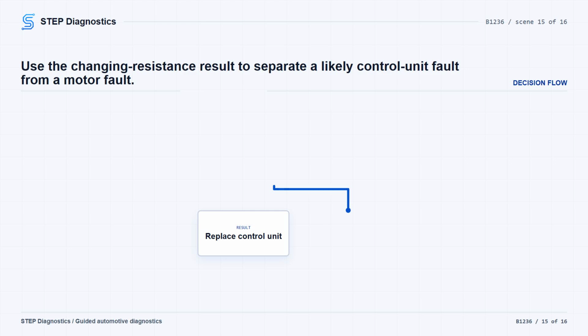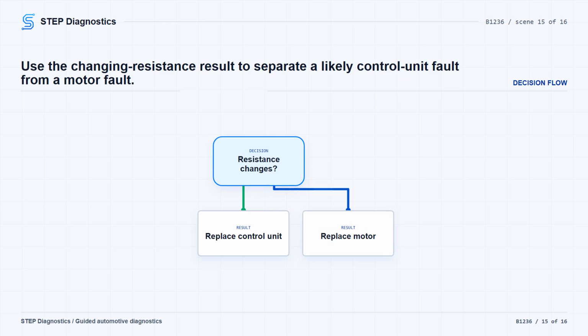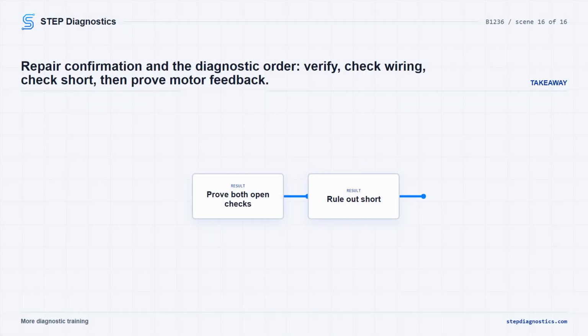If resistance changes between about 0.6 kΩ and 1.8 kΩ, replace the climate control unit. If resistance does not change between about 0.6 kΩ and 1.8 kΩ, replace the passenger's air mix control motor. Keep verification separate from the component testing.